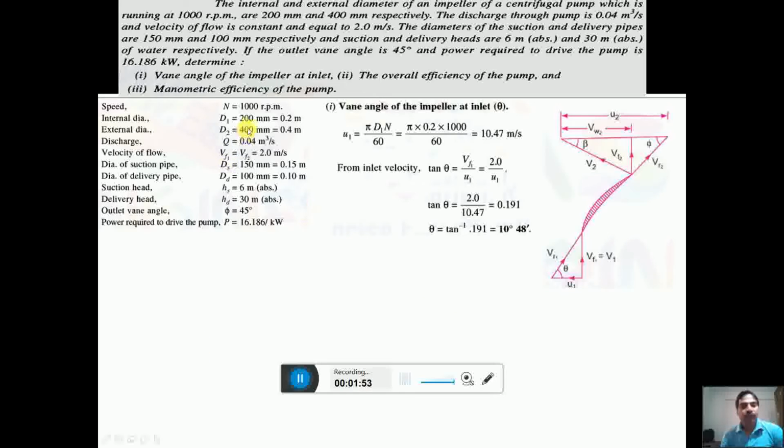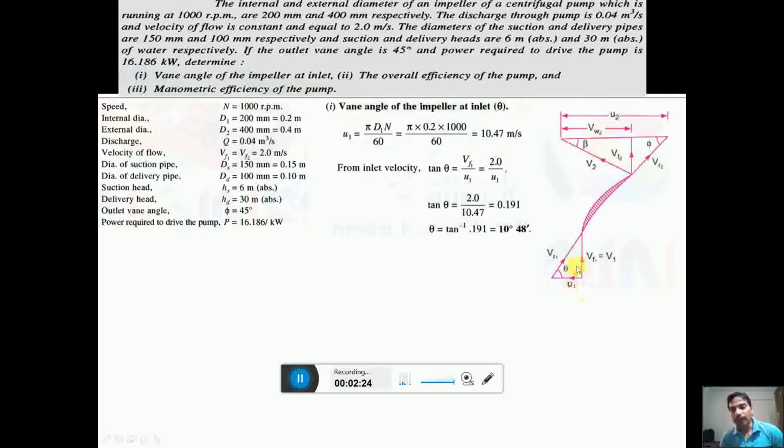As d1 is known to us, n is known to us, so we can calculate here u1 is nothing but pi dn by 60, so we have calculated it. And see, at the inlet we have the velocity of flow constant, that is 2 meter per second, is known to us. u1 we have calculated here, so we can get the value theta here, because as we know centrifugal pump is nothing but a radial outward flow pump.